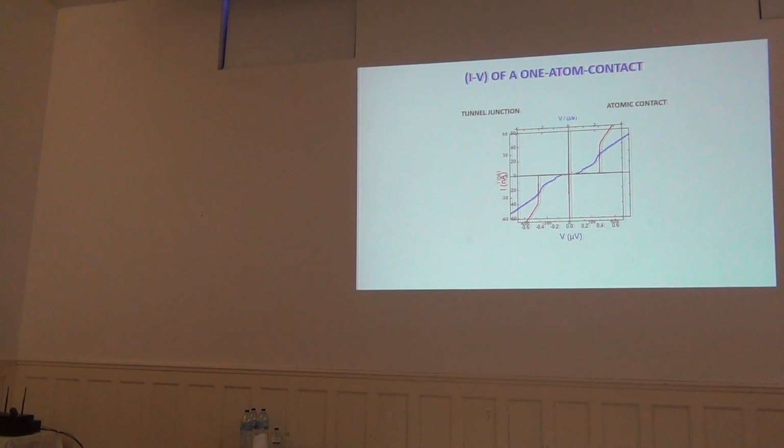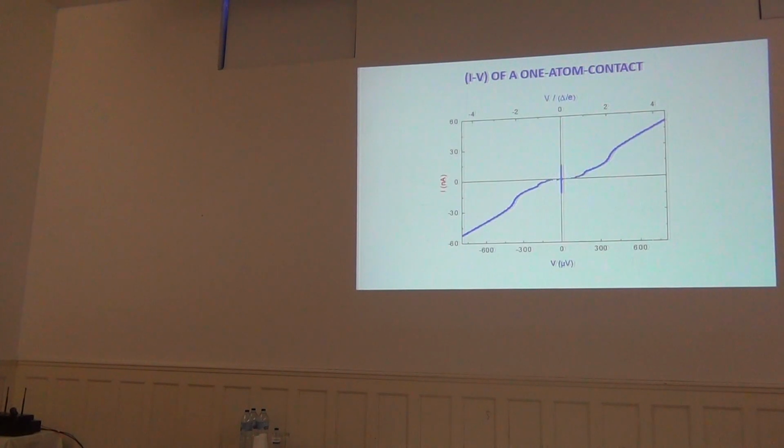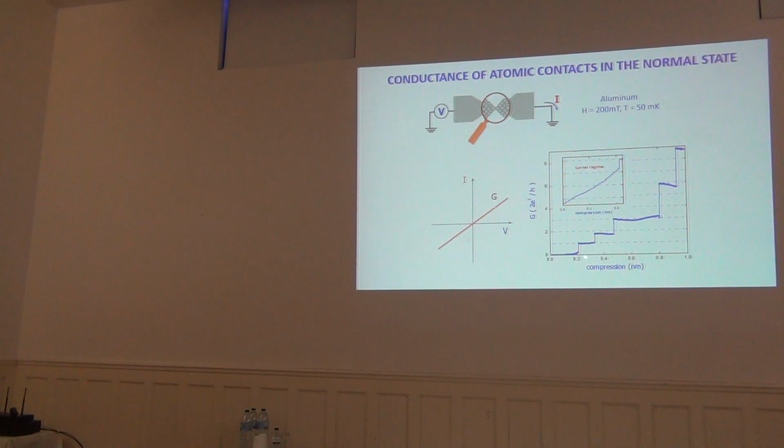Okay, I know what you mean. What I can say is that it's very hard, because this tunnel limit is like you have just broken your last atom, and this is not very stable.